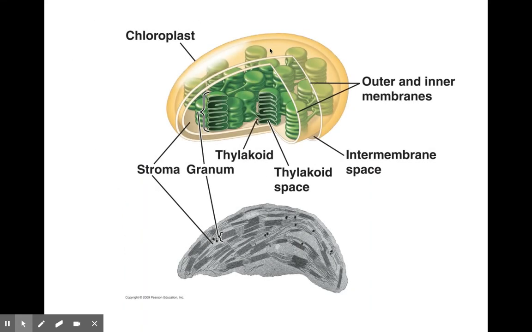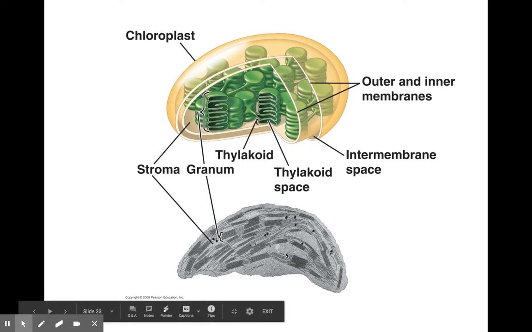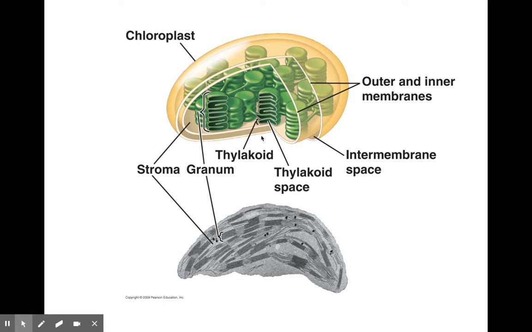So here's a picture again. This is down here what it actually looks like. So it's kind of interesting how artists, I think, have a good imagination. So one stack inside is a thylakoid, and then the whole stack is a granum, and then all these stacks in here are grana.